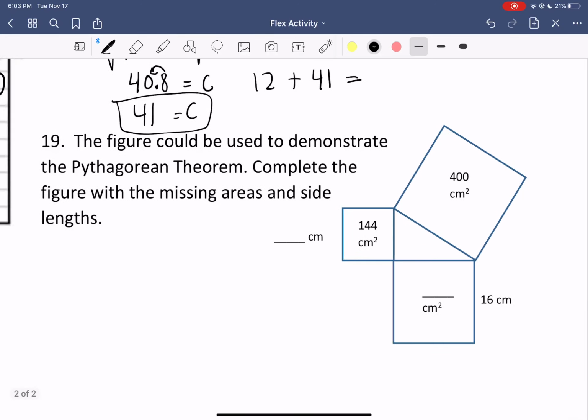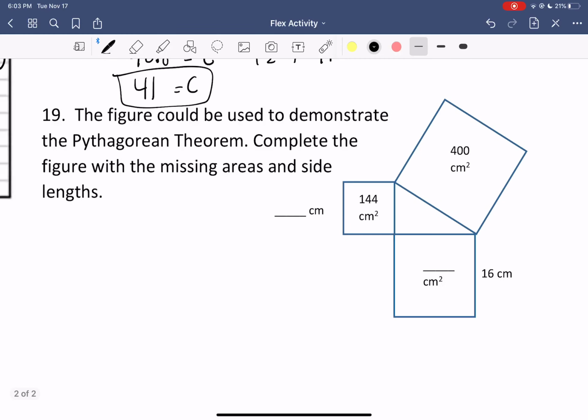And the last one we have is the figure could be used to demonstrate the Pythagorean theorem. Complete the figure with missing areas and side lengths. So we have 144 centimeters squared. So that is the centimeters squared. This is the area.